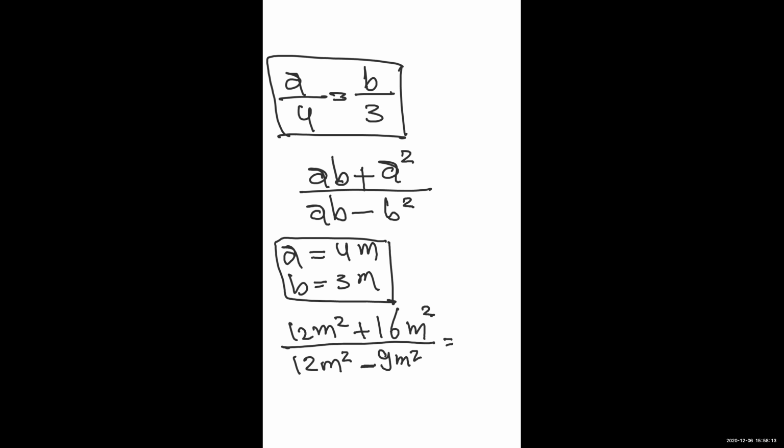So here 16 plus 12 equals 28m squared over 12 minus 9, which is 3m squared. So we can simplify m squared with m squared, and it will equal 28 over 3. Okay, guys, this one is clear now? Yes. Any questions, guys? No.